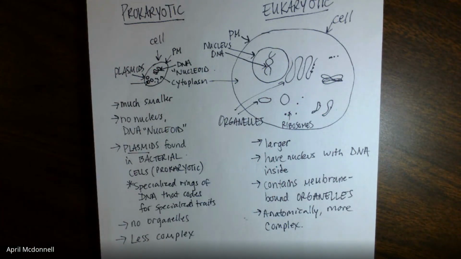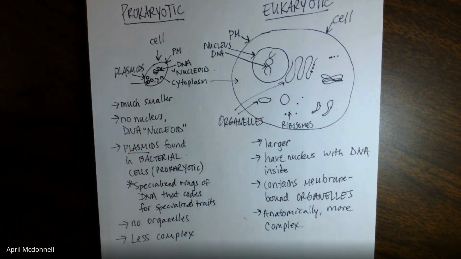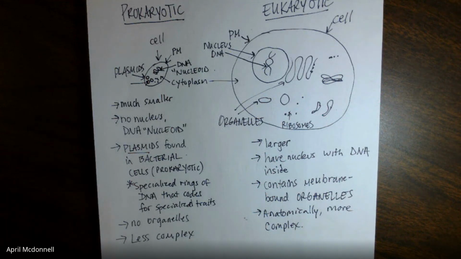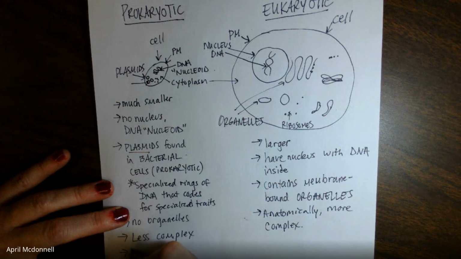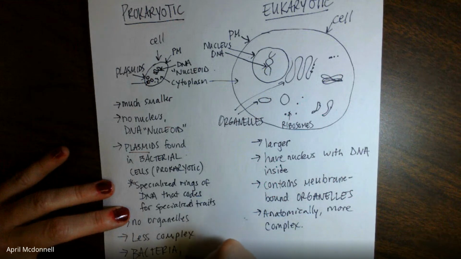The last thing that we want to do is discuss which type of species of organisms have prokaryotic cells and which species have eukaryotic cells. So which groups of living organisms are made of prokaryotic cells? This is going to be bacteria and another type of cell called archaean types of cells.